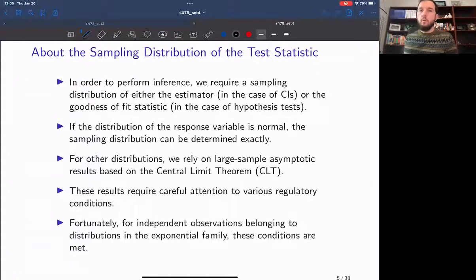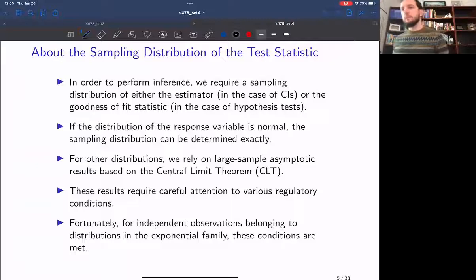Okay, so when we run any kind of hypothesis testing procedure, whether it would be constructing a confidence interval or building a hypothesis test, you have to know the sampling distribution of the statistic that you are working with. So in the most traditional case of confidence interval construction, we typically work with X bar. We know the sampling distribution of X bar, and our confidence interval margin of error is constructed using the sampling distribution.